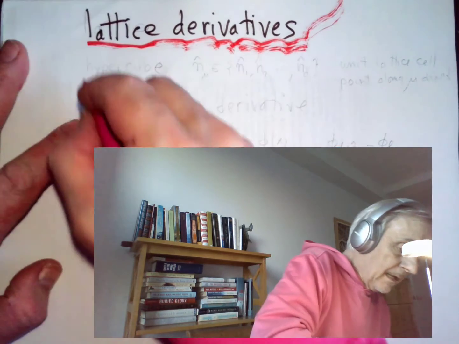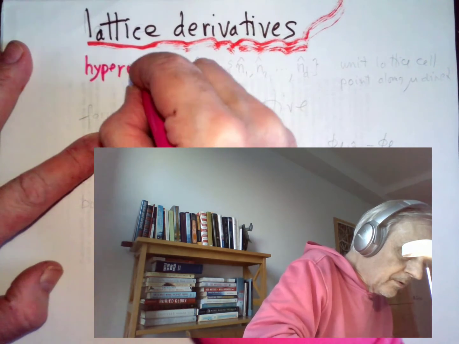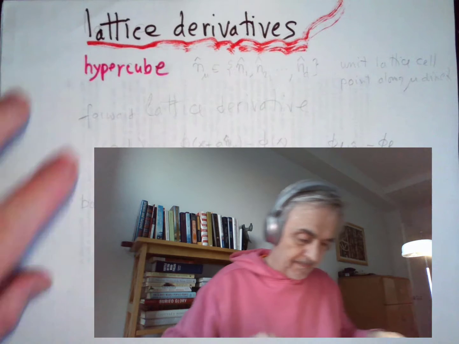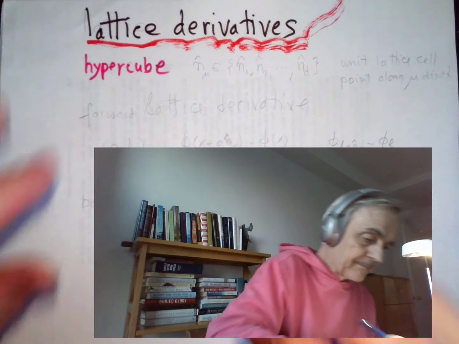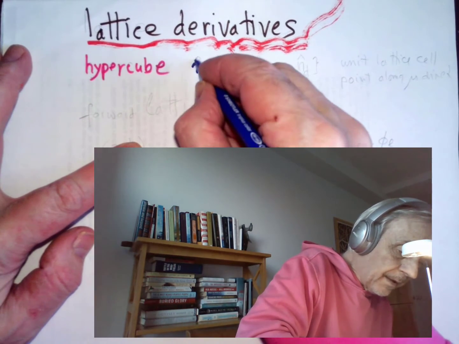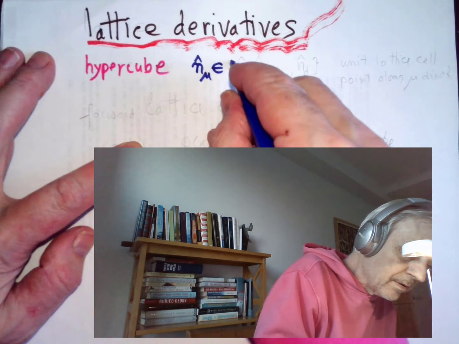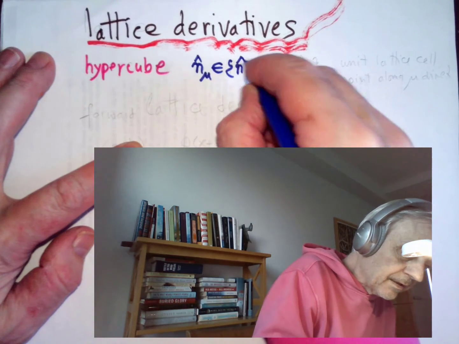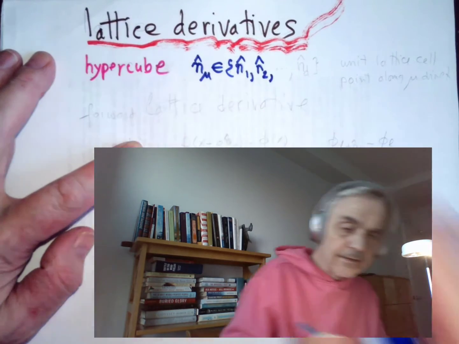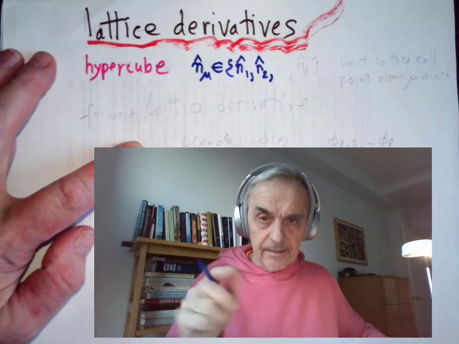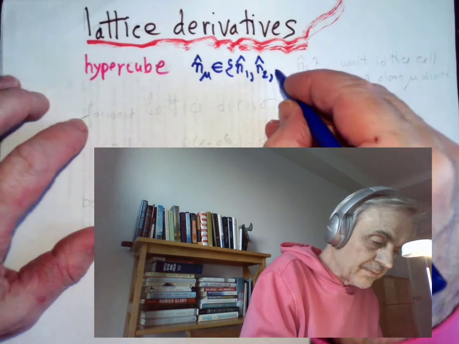particular way. So think of a hypercube in d dimensions with unit sides on it. And each edge is described by what we'll refer to as a unit vector in direction mu. So it's a set of unit vectors. The hat is for unit, and these guys are really d-dimensional vectors, all of them, because they're embedded in our original continuum in d dimensions.